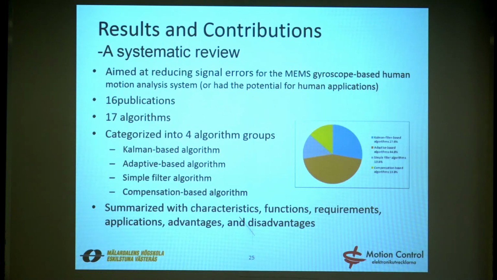You can see in the figure also the proportion of these algorithms: Kalman-based algorithm, adaptive-based algorithm, simple filter algorithm, and compensation-based algorithm. They all were summarized with their own characteristics, functions, requirements, applications, and also advantages and disadvantages.